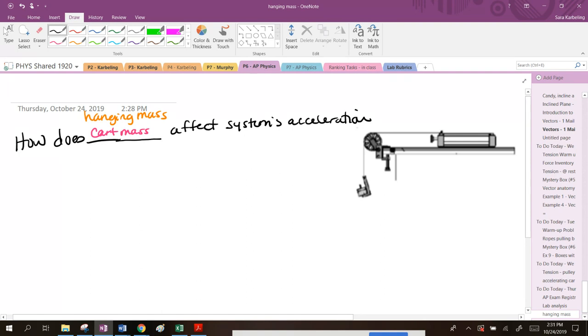So you can measure the hanging mass and the cart mass using the triple beam balance or the electronic balances, right? Depending on what it was that you were measuring. And then we need to measure the acceleration as well, right?